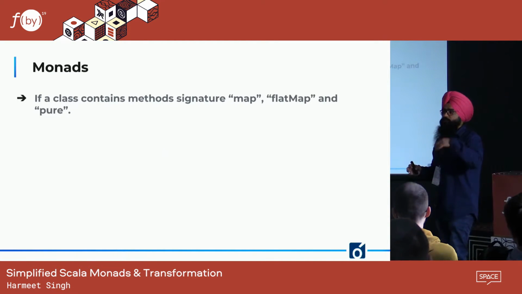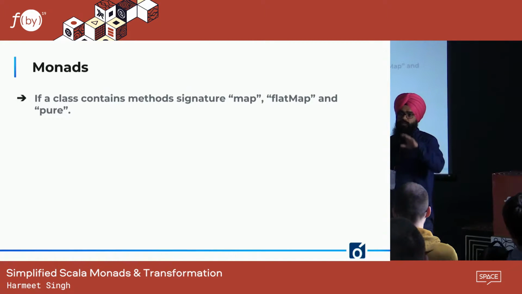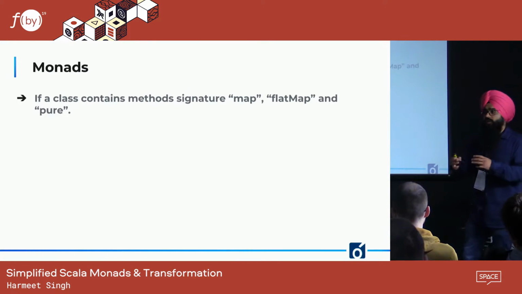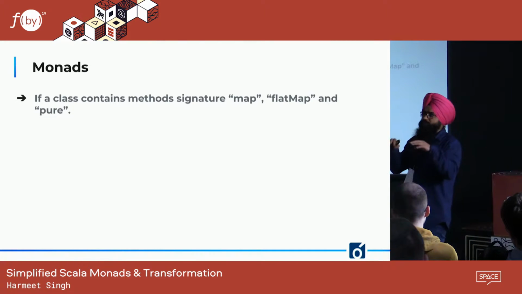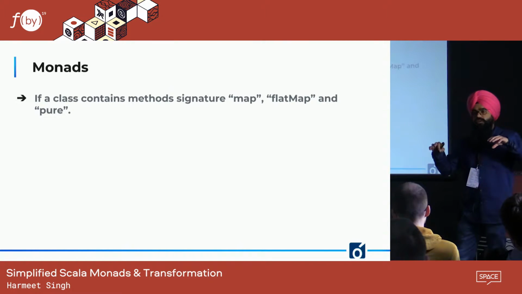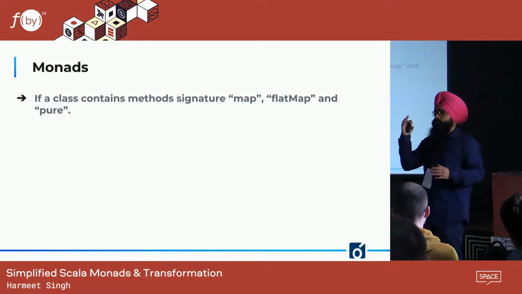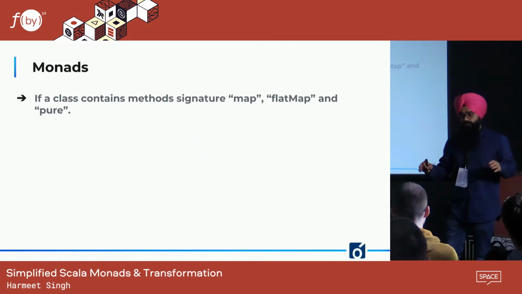If a class contains method signatures like map, flatMap, and pure, in that case, just suppose that class is called a monad. There are lots of definitions and mathematical equations for a monad, but for beginners and for simplified purposes, if a class contains map, flatMap, and pure methods, that class is called a monad.